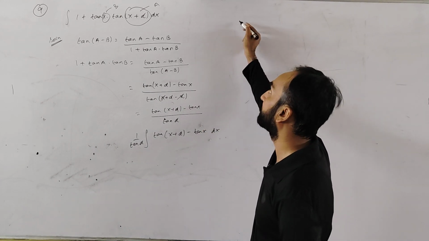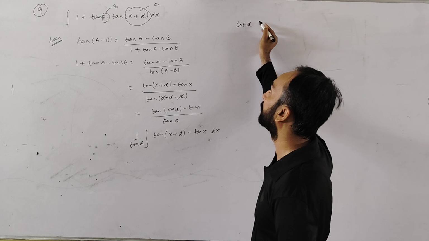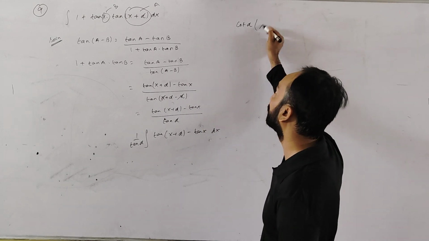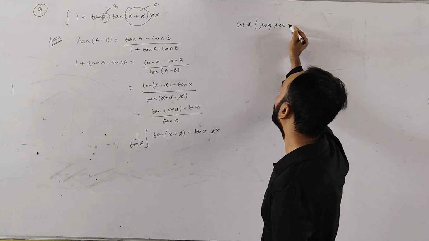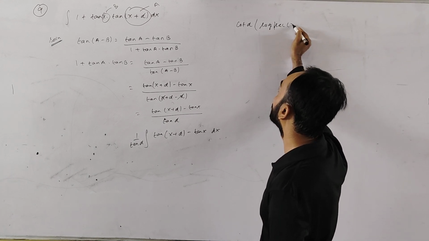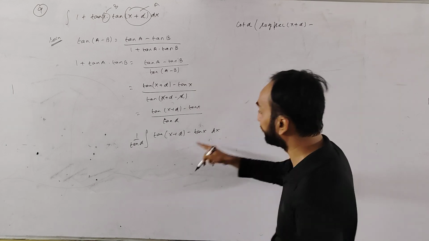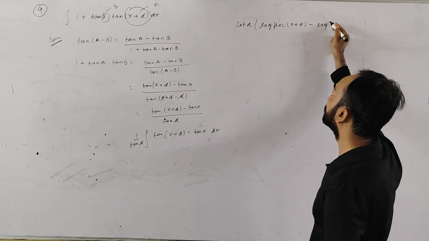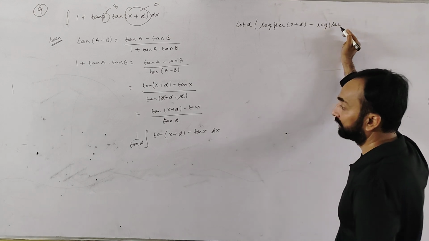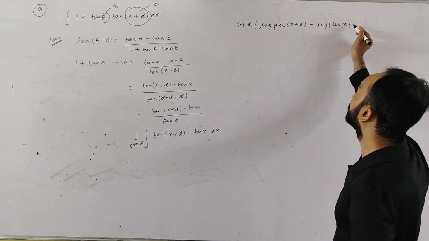1 upon tan alpha I can also write as cot alpha, and here I can write log secant (x plus alpha) minus, this can also be written as log secant x. Correct?